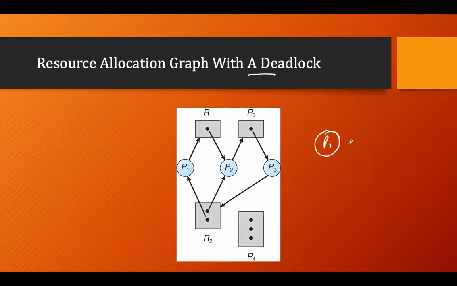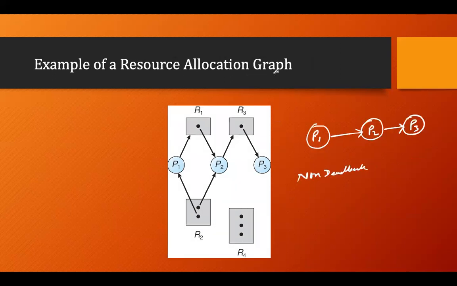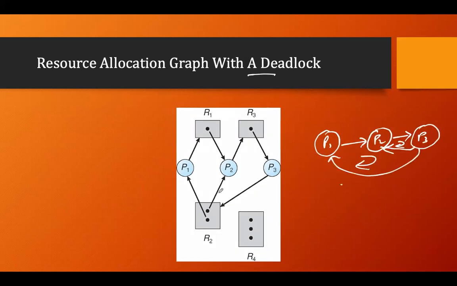P1 is requesting what is held by P2, P2 is requesting what is held by P3, and P3 is requesting what is again held by P1. So in both cases, there is a cycle. This is one cycle, this is another cycle. So in this case, there is a deadlock. And in this case, there is no deadlock. Okay.